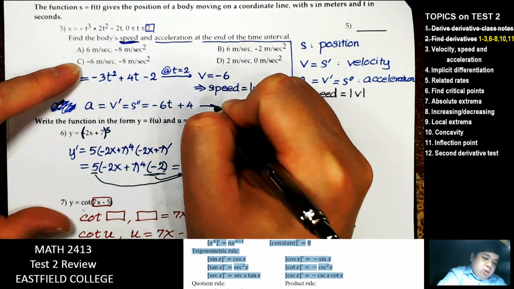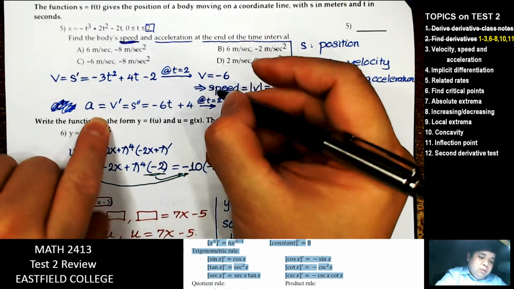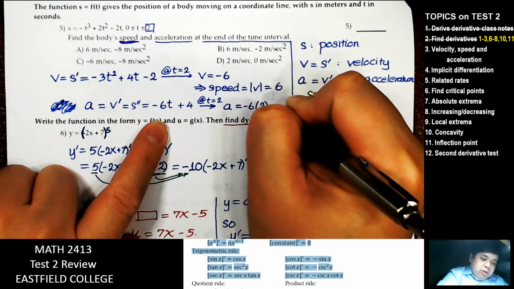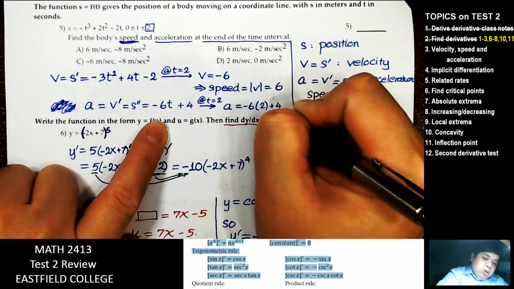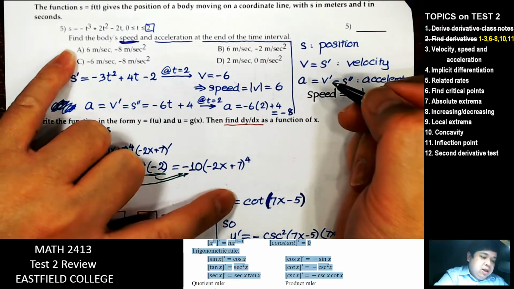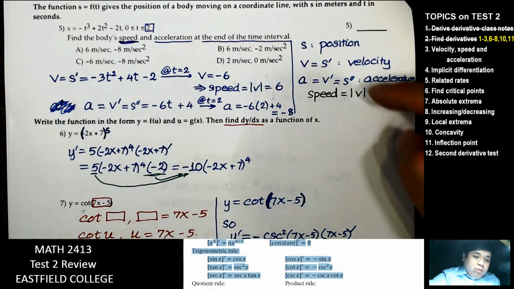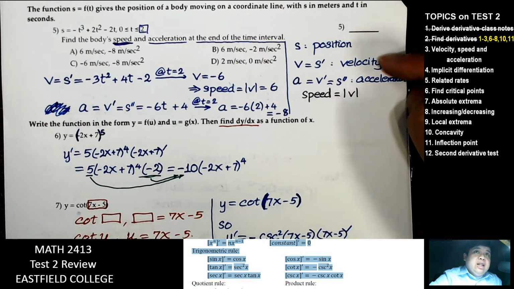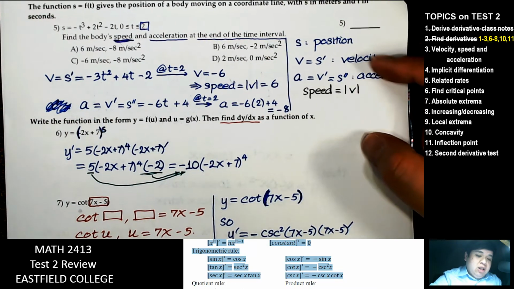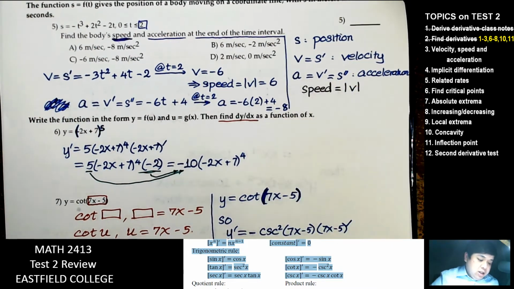Now at t equal to 2, a equals negative 6 times 2 plus 4, so it will be negative 8. Right, so we have 6 and negative 8. Position, velocity is the derivative, speed is the absolute value of velocity, and I should say magnitude. Acceleration is the second derivative.